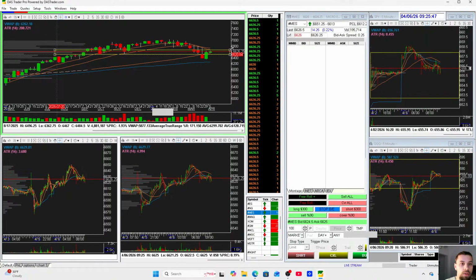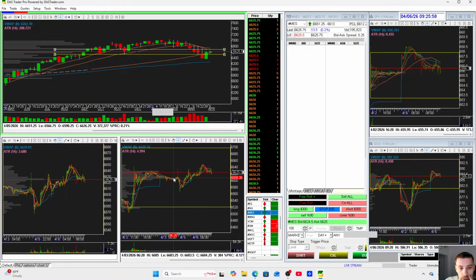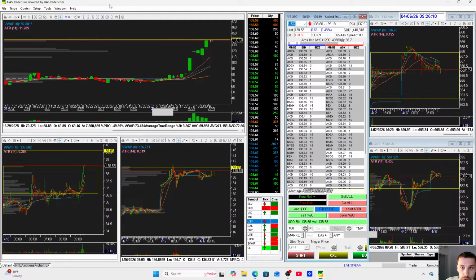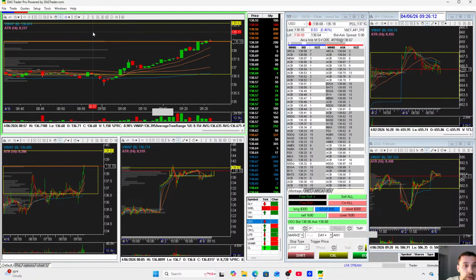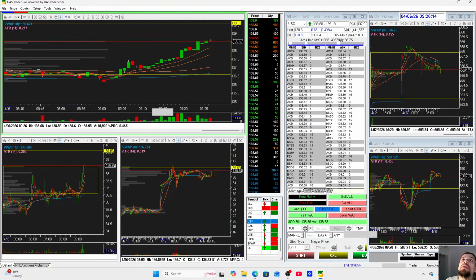Area of resistance here, we'll put 66.98. So that has a long way to go up. Alright, everything's drawn up here. USO being the main watch.